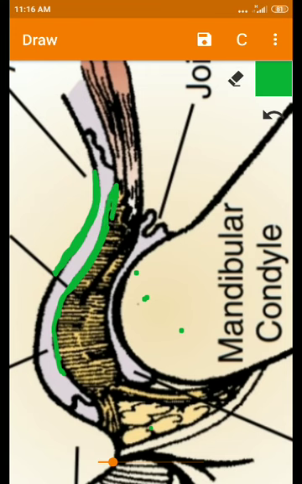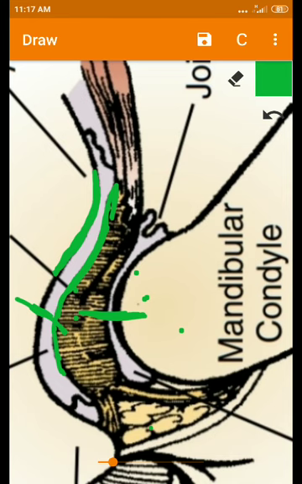There are attachments to the poles of the mandibular condyle in the lower joint, but in the upper joint there is no direct attachment of the disc with the temporal bone.